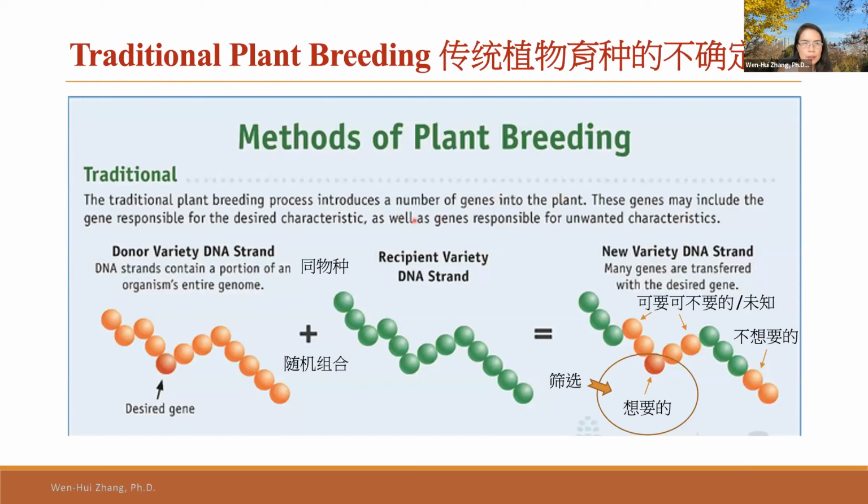So the traditional breeding is just this random combination between different species, or mostly different varieties of the same species. So that's the recipient and that's the desired. So you introduce desirable and undesirable genes.